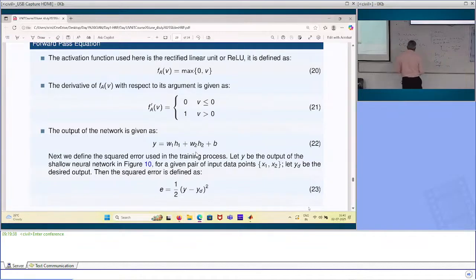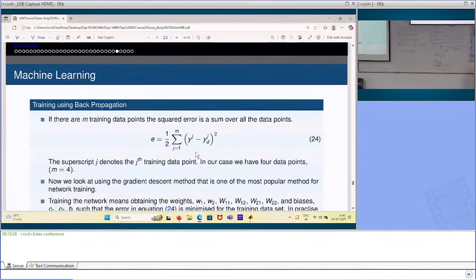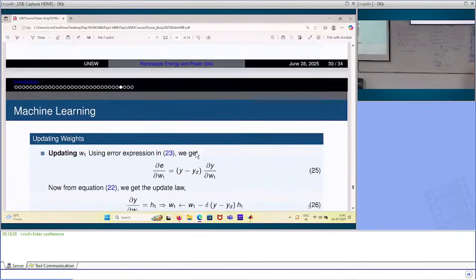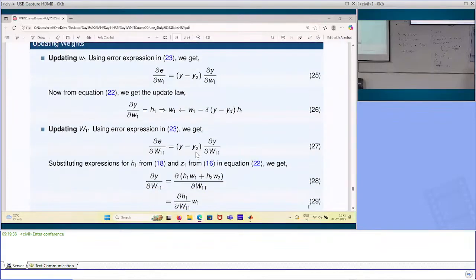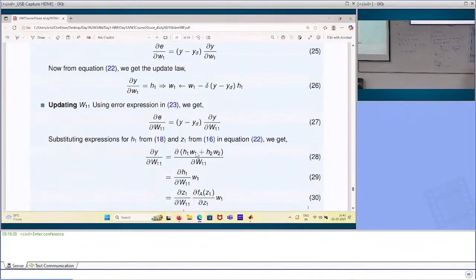Okay, so now we have got the expressions here done there. Okay, so we have got algorithm to update W1. So same way you can do W2. You get the steepest descent.